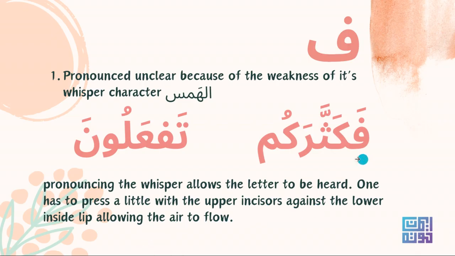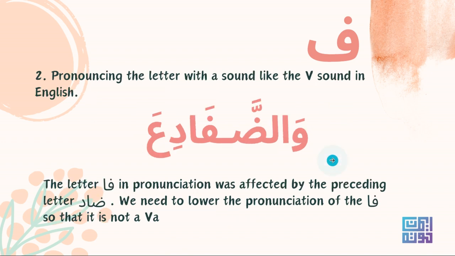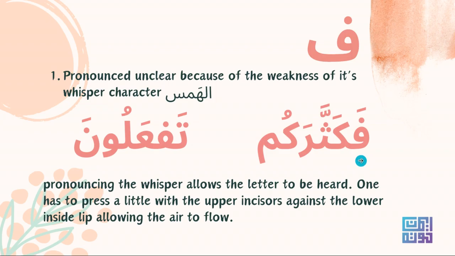So, for example, if I say فَكَثَّرْ, fa, I did not use the makhraj properly, and I did not press to give it its whispering character. Let us pronounce it properly. Fa. I'm pressing the edge of the upper incisors against the inside of the lower lip, so that the letter fa is heard properly.